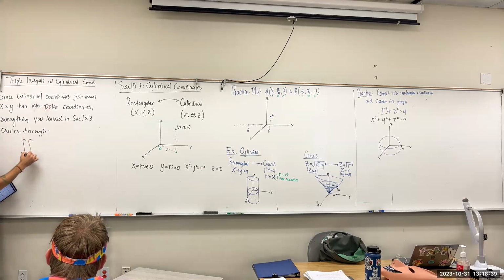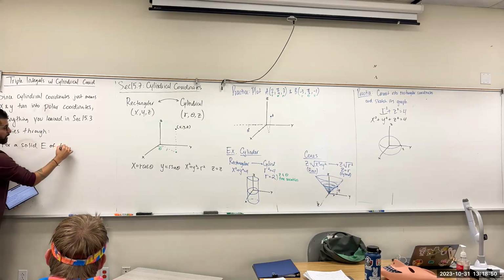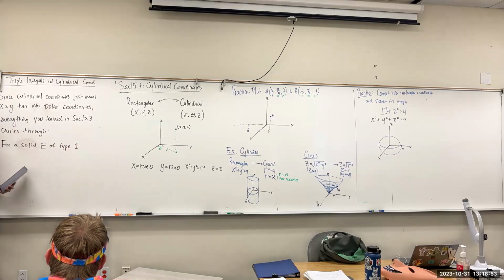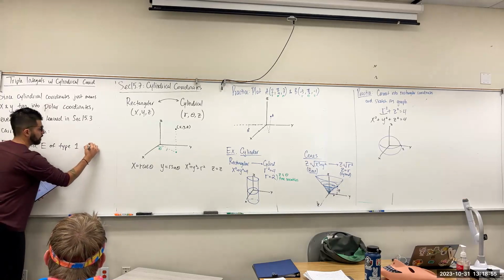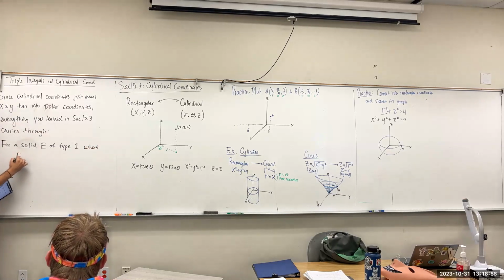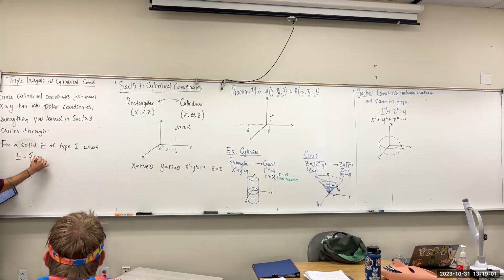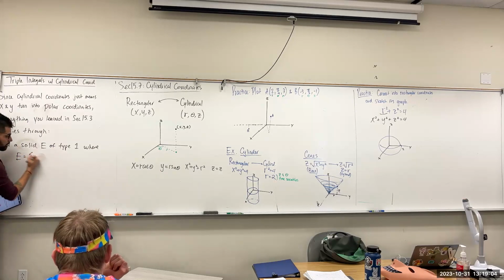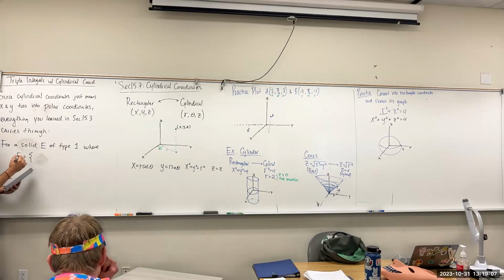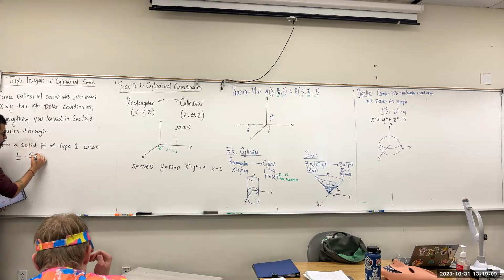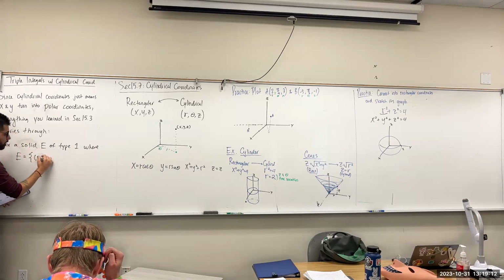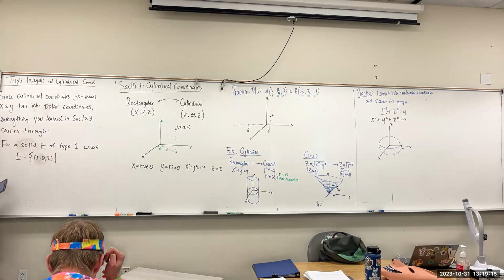And so what I mean by that is, for a solid E of type 1, where you have r, theta, and z, but because it's type 1, you're going to bound z.